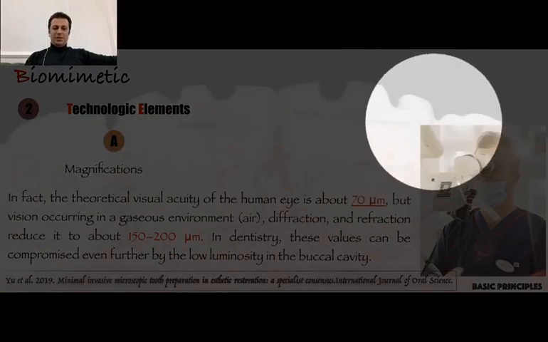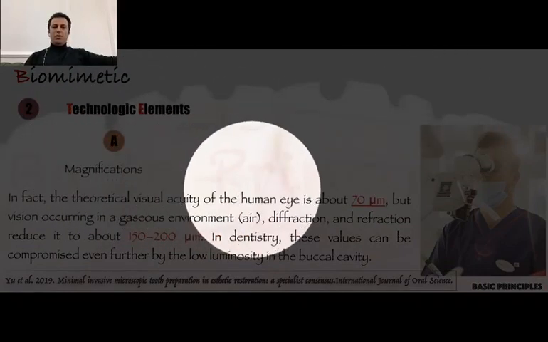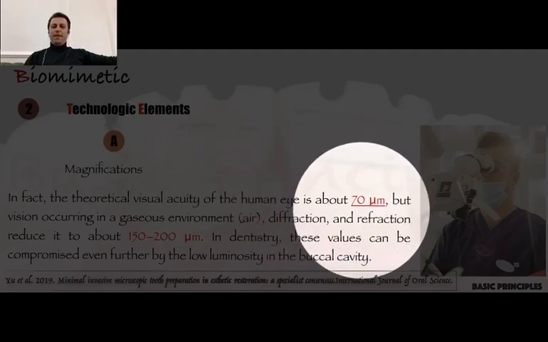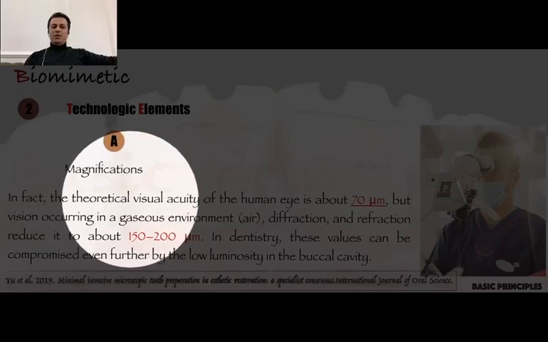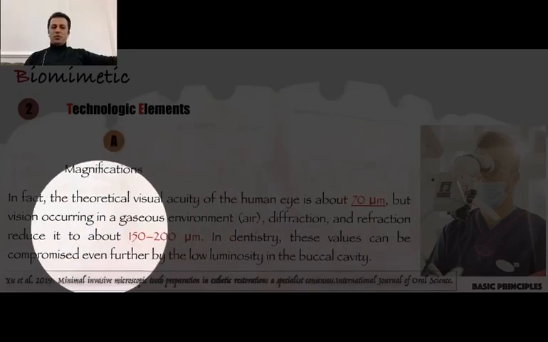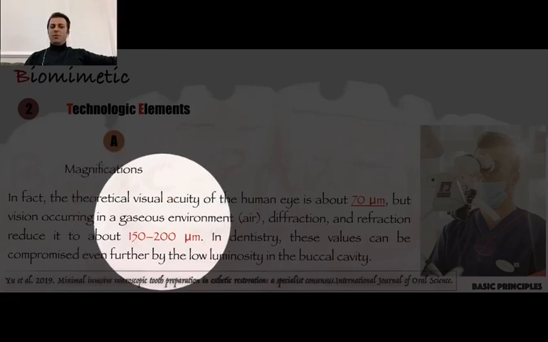Look at this article, how it said. In fact, the theoretical visual acuity of the human eye is about 17 micrometers. But vision occurring in a gaseous environment, air, diffraction and refraction reduce it to about 50 to 200 micrometers. This is for the ideal.